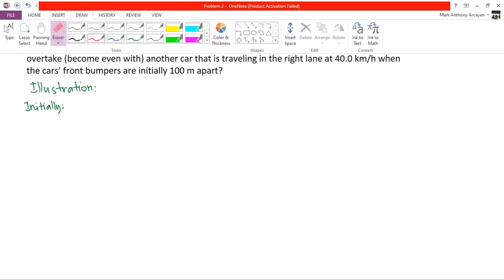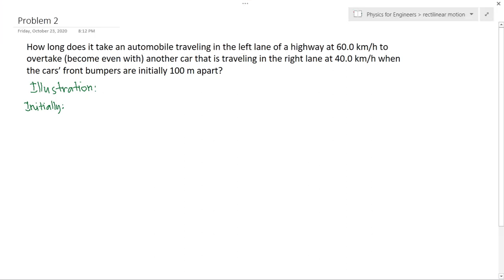Let's say we have a car on the left. So meron car on the left, then yung velocity niya is at 60 kph. Then we also have another car na medyo ahead na sa kanya, so ahead na on the right lane. So left siya, right lane, traveling at 40 only, 40 kph.